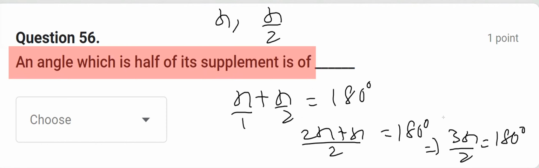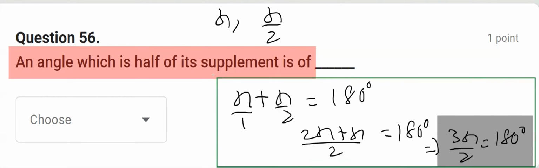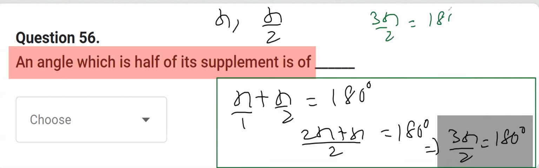Now I'll use the concept of simple equations to get the value of x. We have 3x by 2 equal to 180 degrees. If I transpose these numbers to the other side, 2 will be multiplied and 3 will be divided with 180. If you reduce it, 180 is divisible by 3 into 60.